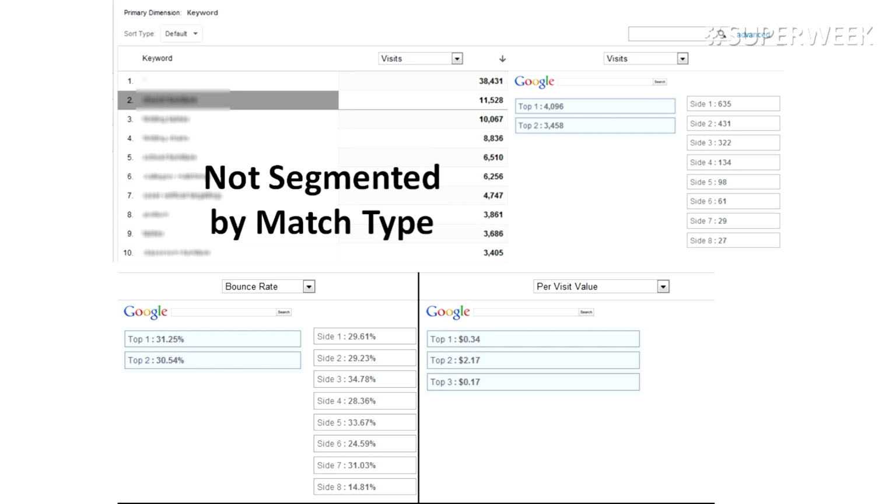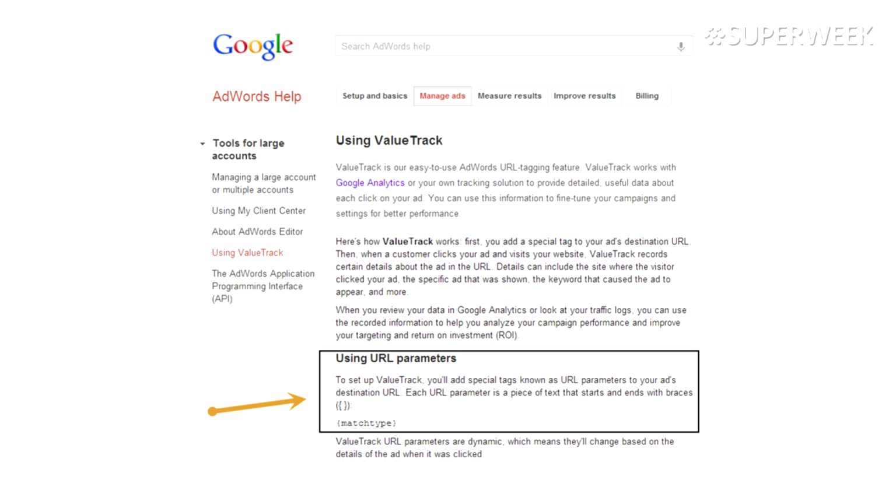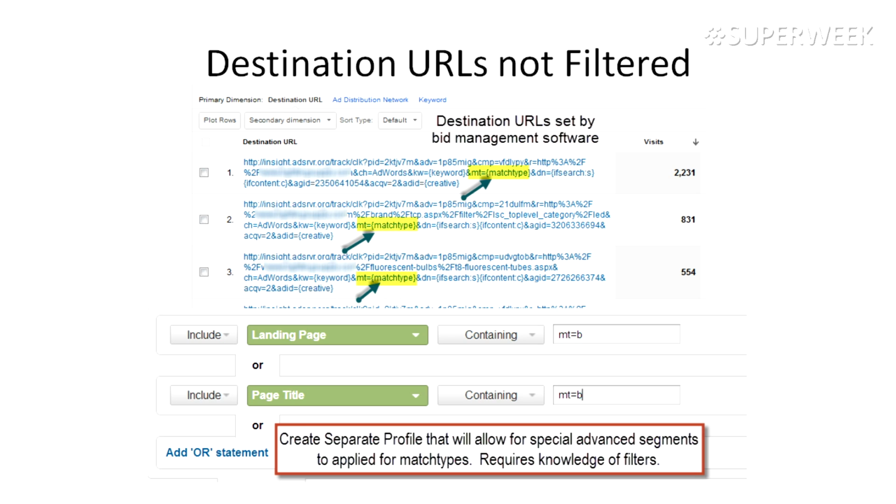Okay? This report here that you might be familiar with, your keywords position report, by itself is not particularly helpful because it's not segmented by match type. Again, we need to know the match type. So one way to get the match type into Google Analytics that you can segment by is by using something called ValueTrack. Right? Apply parameters to your URLs, and in the destination URL, it will automatically show you the match type.